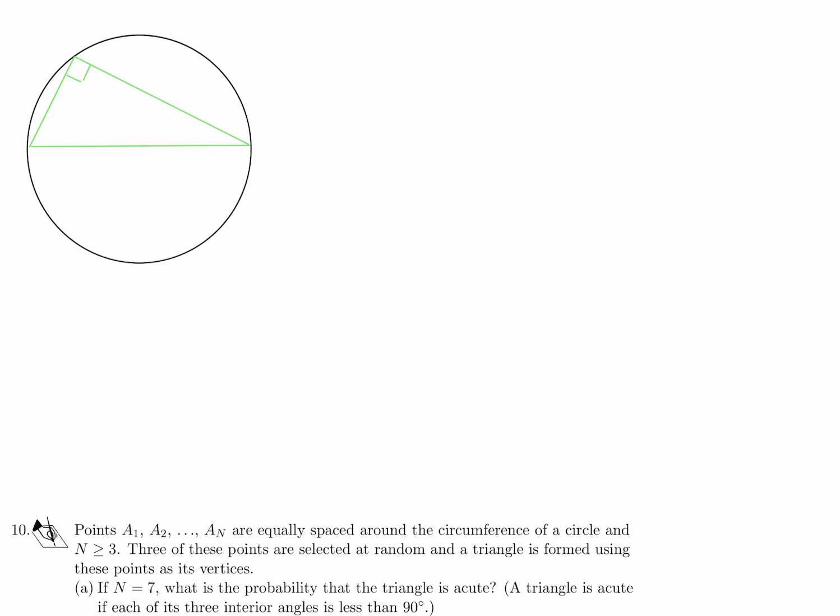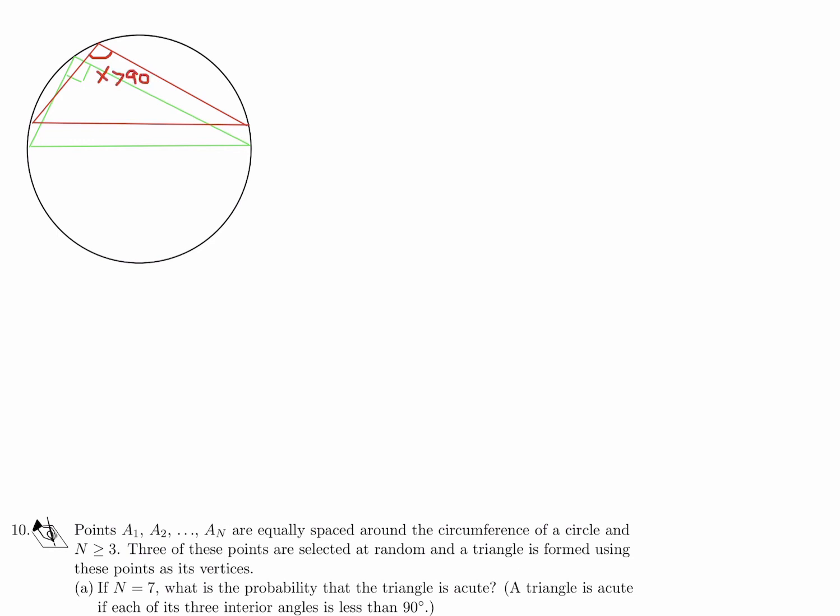Now, if you draw another triangle in a similar way, but instead of the diameter, you use a length that is not the diameter, I've moved it up a little bit, and then you draw any kind of triangle, what happens? Well, it's a little bit difficult to see in this diagram, but I'll tell you, this angle is now greater than 90.